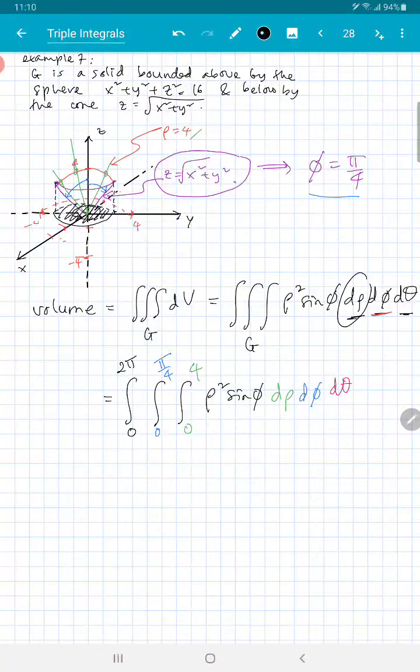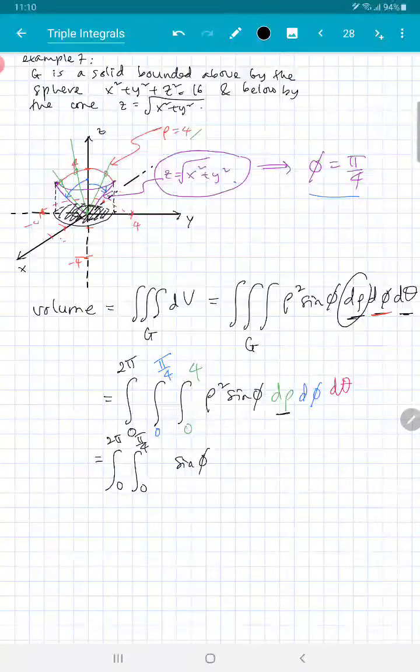Okay, so now let's evaluate this. Same thing, we evaluate the inner integral first, which means that we integrate with respect to rho. So here we consider sine phi as constant, integrate rho squared, we get rho cubed over 3.